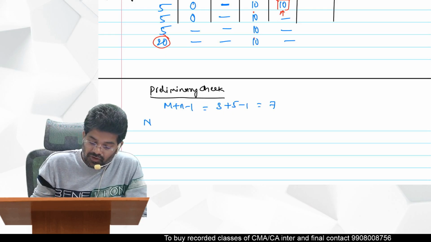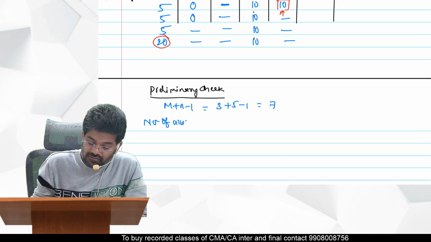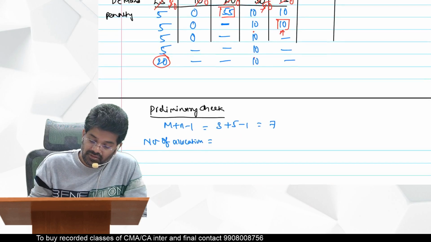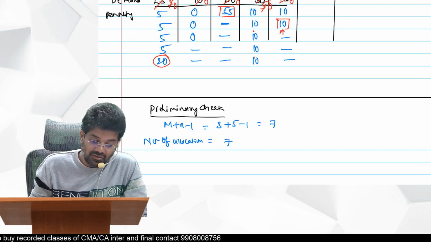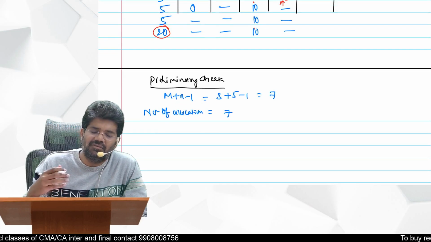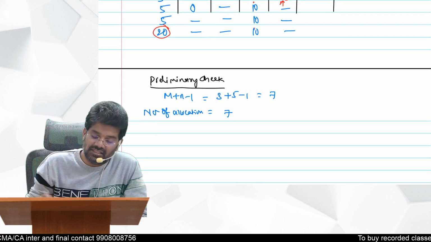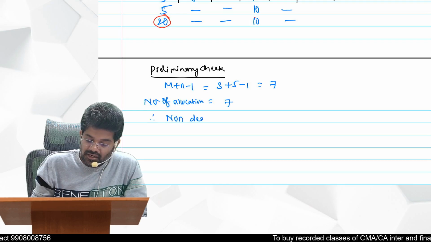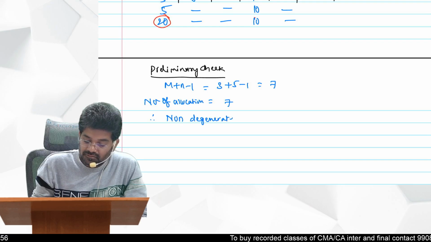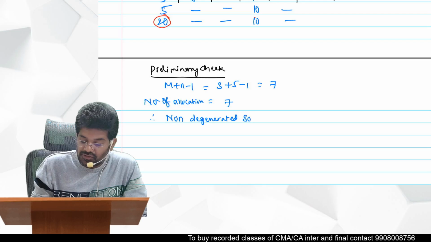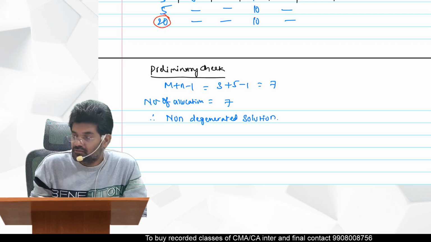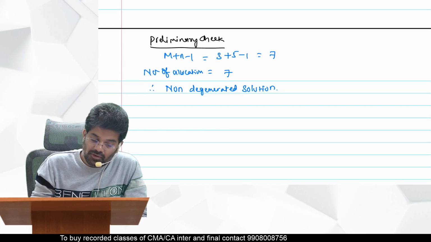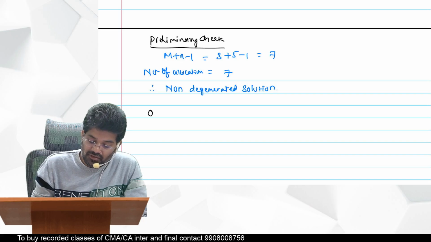And what is the number of allocations we have done in the cells? Exactly 7 allocations we got, equal to 7. So it is a non-degenerated solution. That means we can prepare U plus V matrix. Therefore, non-degenerated solution. So now what we can do is optimality test using modified distribution method.